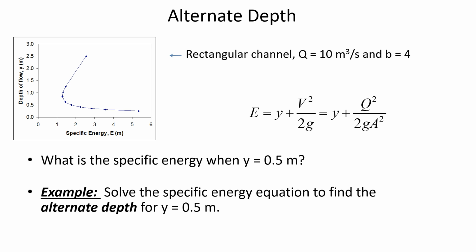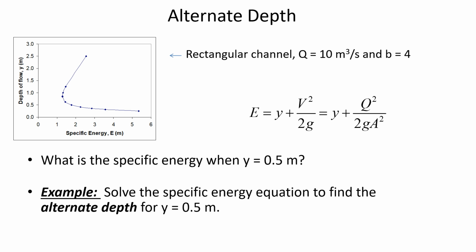So the way to do that is find out how much energy is there when there is 10 cubic meters per second going through a 4-meter wide channel, and the flow depth is 0.5. So what is E in that case? Okay, so E is the depth plus Q squared divided by 2gA squared.